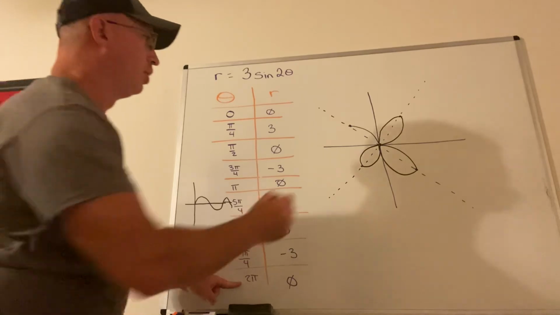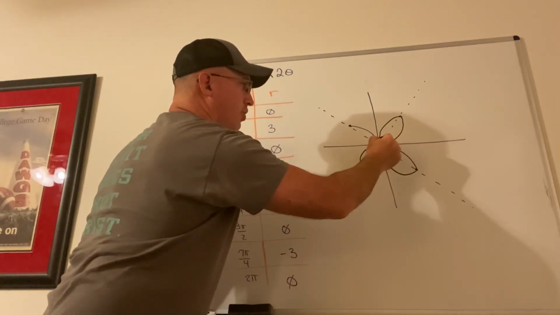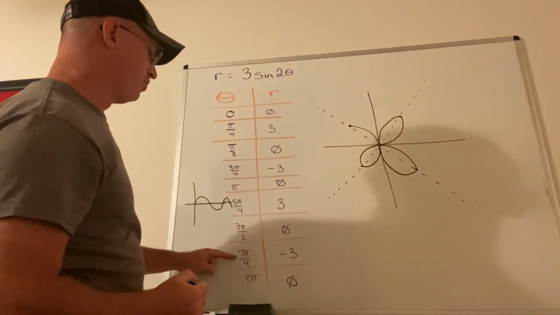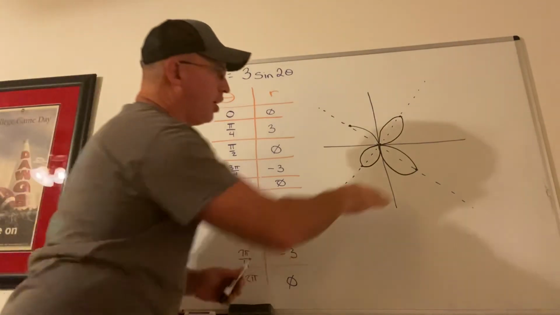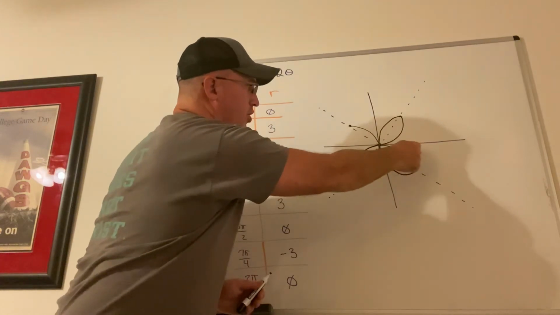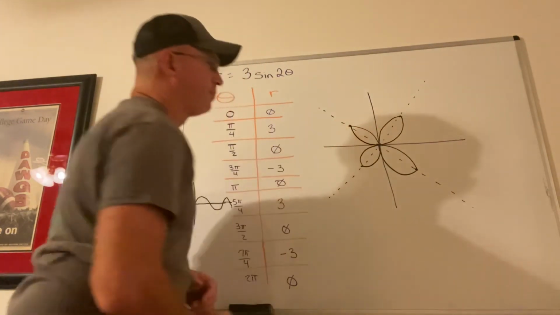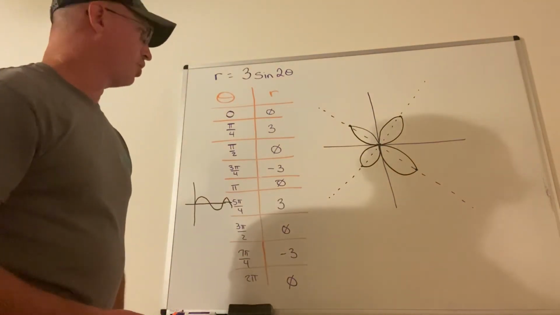This is radian 2 pi, and it would be 0, so there's my dot. Everything between 7 pi over 4 and 2 pi is a reflection. So everything that would have been in here between 7 pi over 4 and 2 pi is reflected over here, so I know that would be my last arc. And so now I've drawn that rose curve.